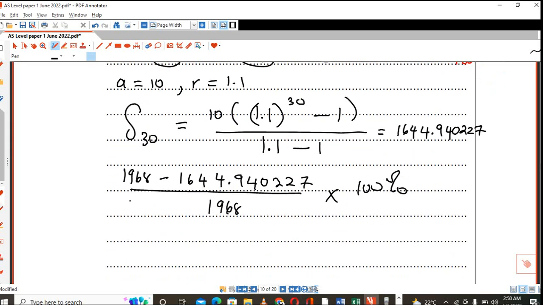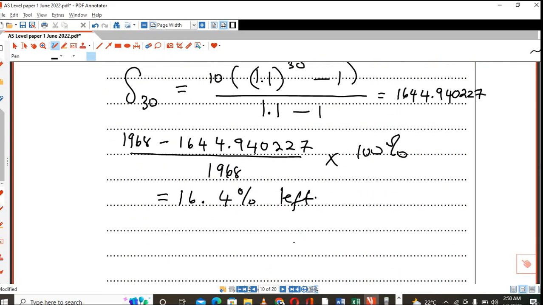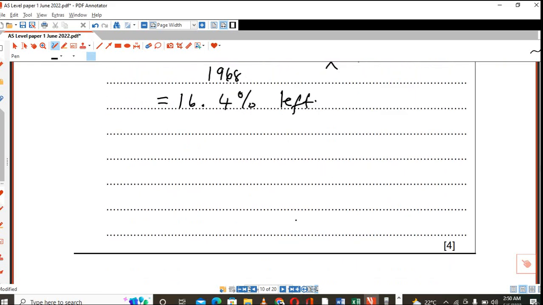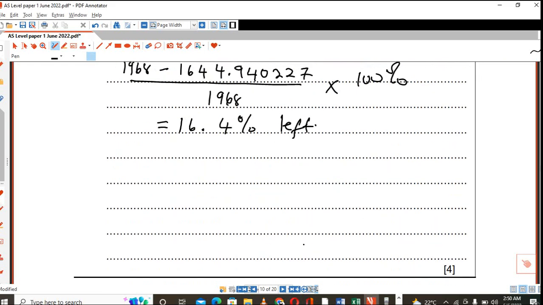Okay, eventually you should get about 16.4% will be left. Okay, so again, it's quite challenging, but just read this question carefully and you should be good to go.